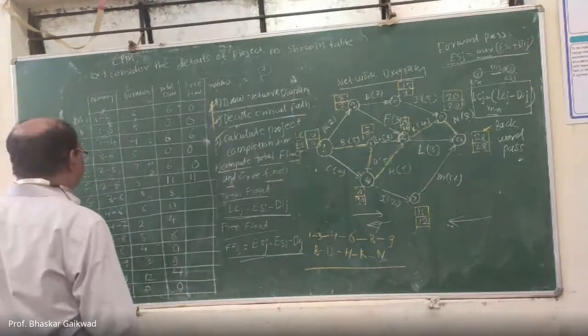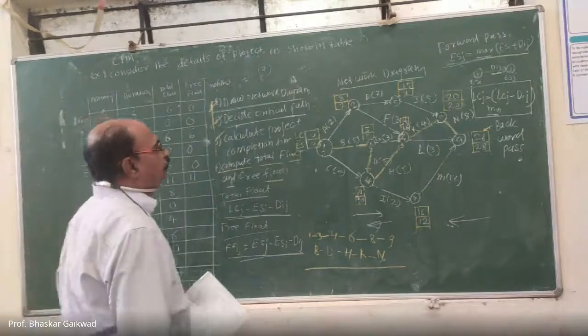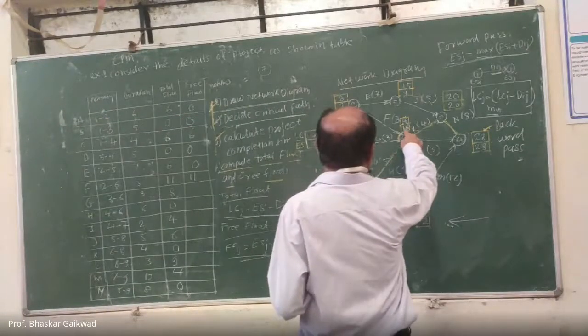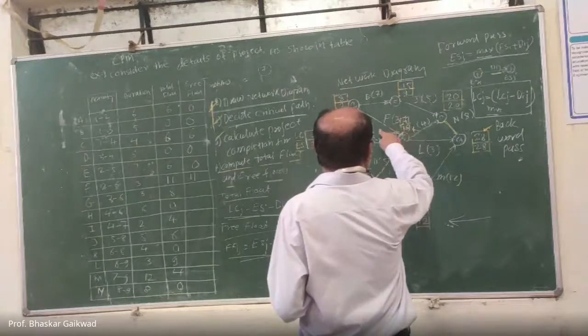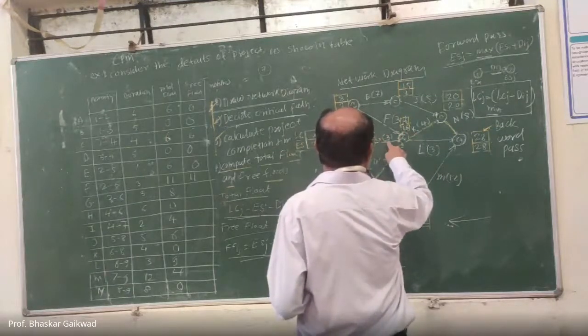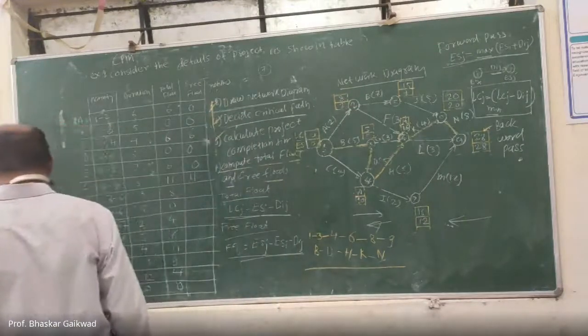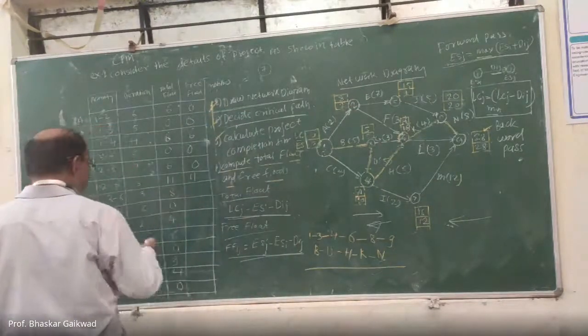After that G, 3 to 6. So here 16 minus 5, 11. 11 minus 3. So G will be 8.